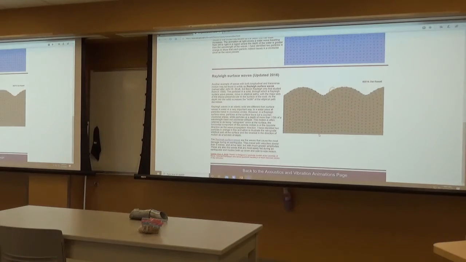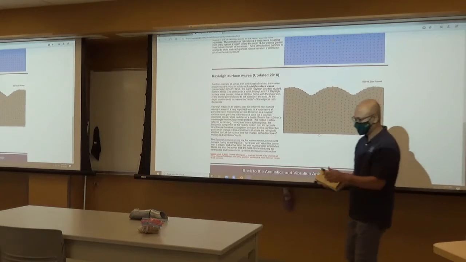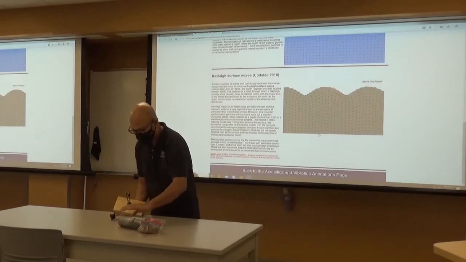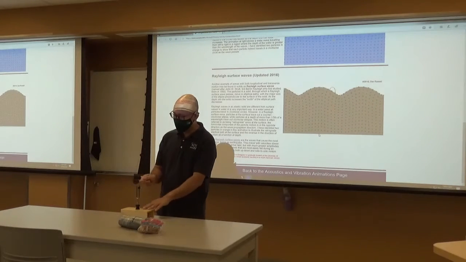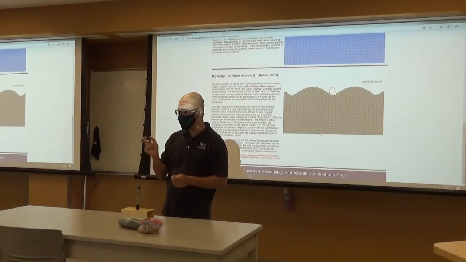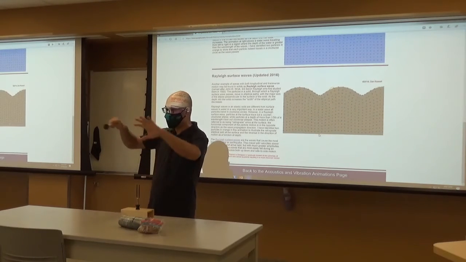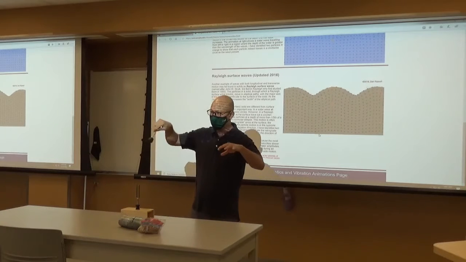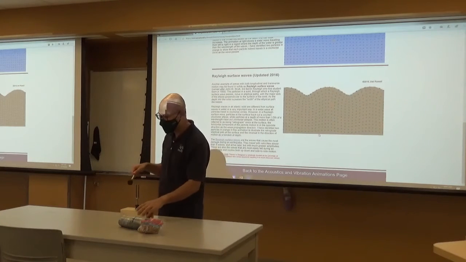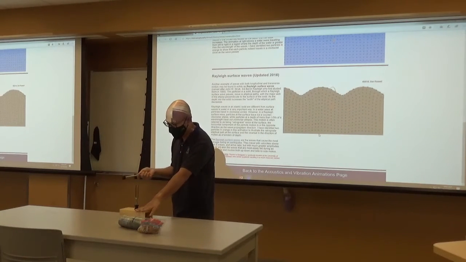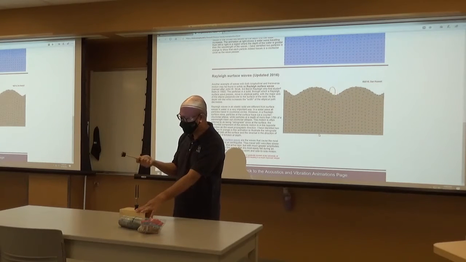Likewise, when I hit this tuning fork, it will vibrate, and as it vibrates, it disturbs the medium. The medium here is the atmospheric molecules, or air molecules.